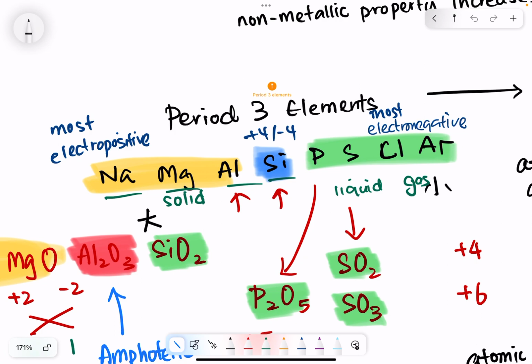As for the green ones, they are the non-metals. So that's the first thing that you need to know about period 3 elements: in the periodic table they are metals, semi-metals, or what we call metalloids, and also non-metals.